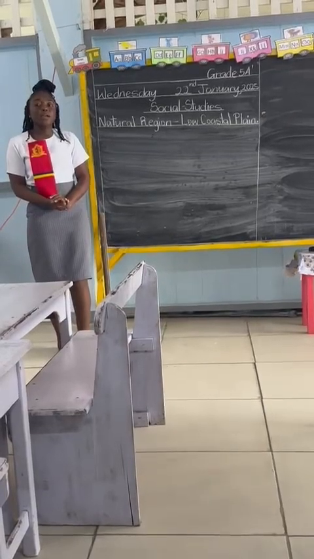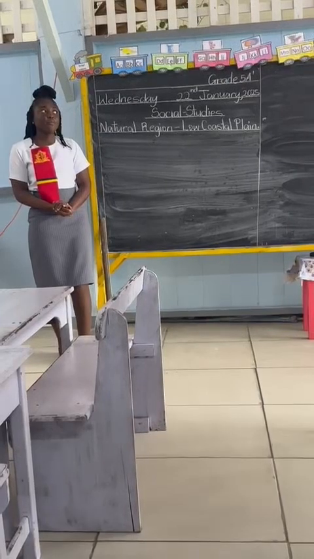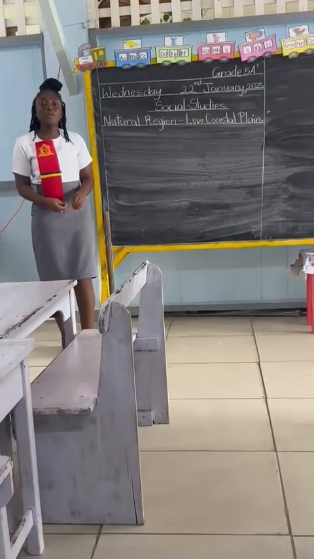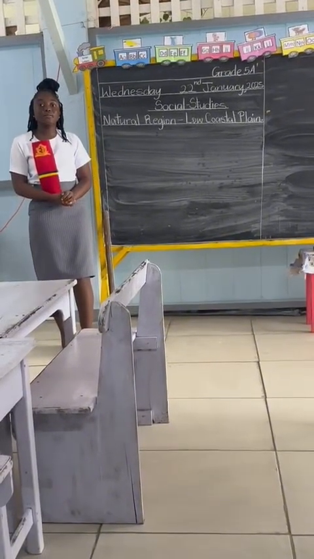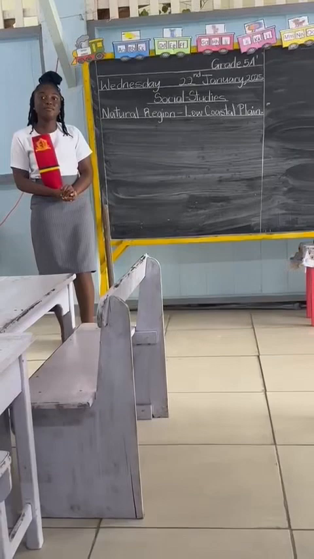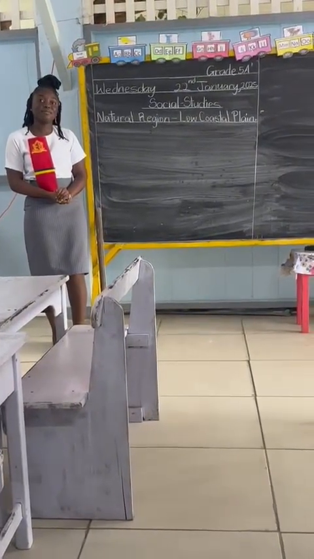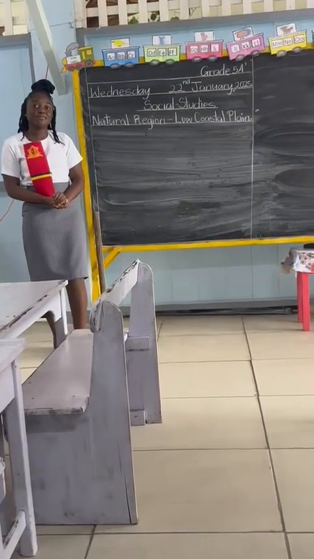Great. Now, anybody can stand and tell me what they think is a low coastal plain. When you hear low coastal plain, what comes to mind? Miss, it is flat, and some parts of it have hills.